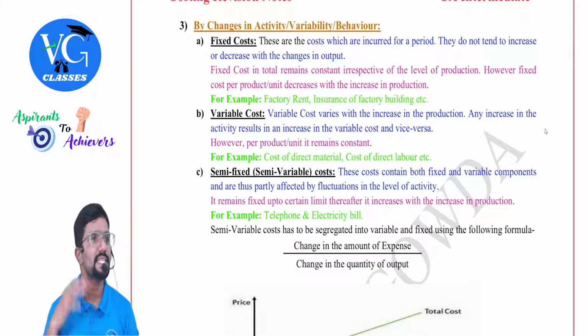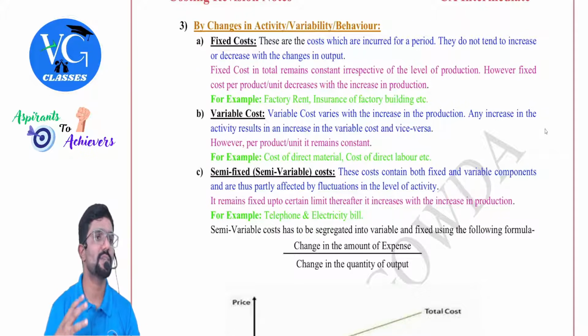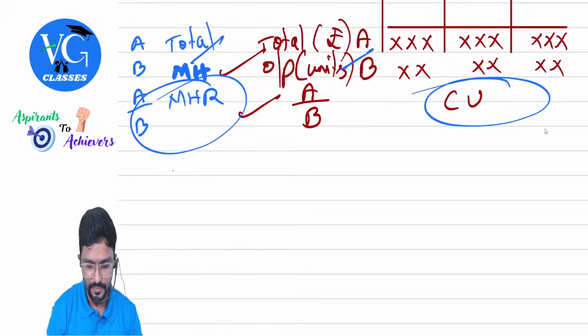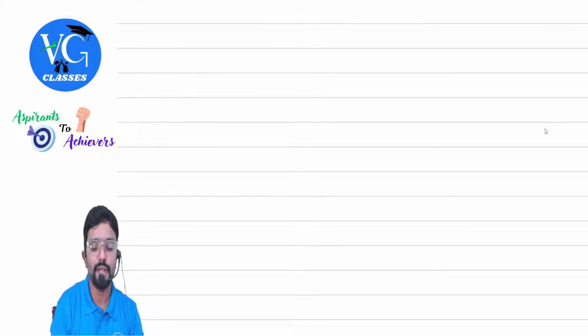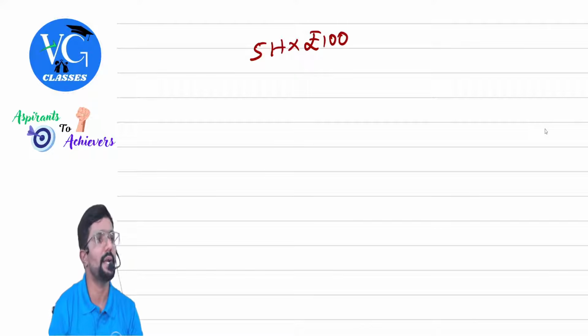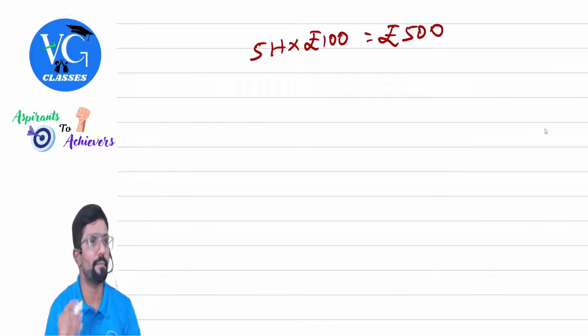Guys, if a cost can change according to the units we produce, that cost is called variable cost. For example, listen. To produce each and every unit of output, we require 5 hours of labor. For each hour, I need to pay them 100 rupees. Now, what is the labor cost per unit, guys? 500 rupees.